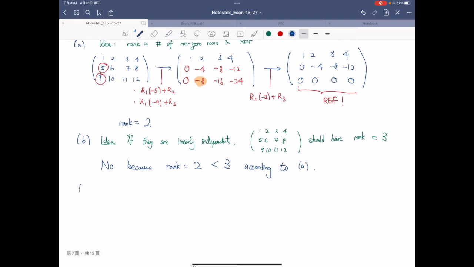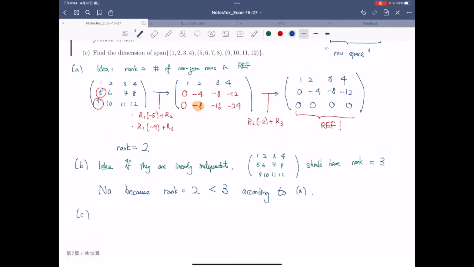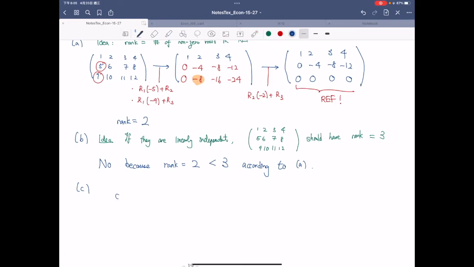And then part C. Part C asks you to determine the dimension of the span of these three vectors, 1, 2, 3, 4, 5, 6, 7, 8, 9, 10, 11, 12.